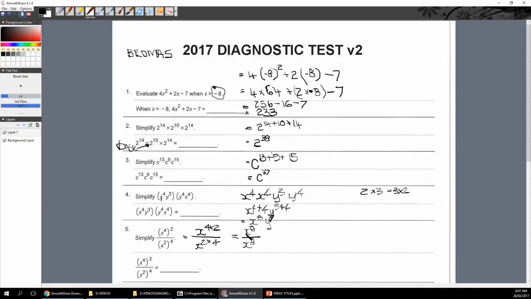So we could divide top and bottom by x to the power of 8 as one way of doing it. But essentially, that equals 1. Any number divided by itself equals 1. And there we have it. There we have the first 5 of them done.